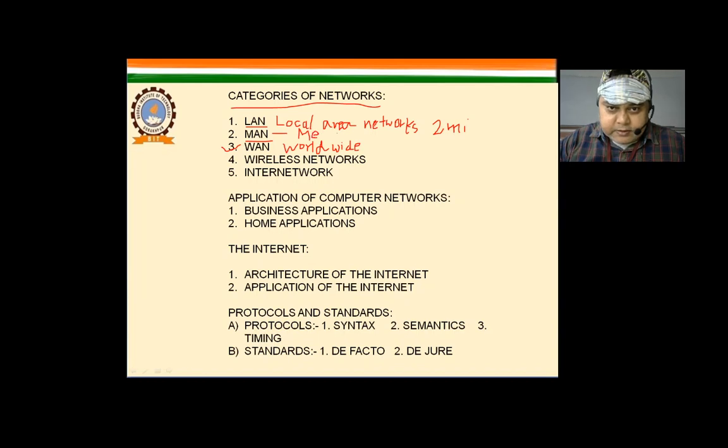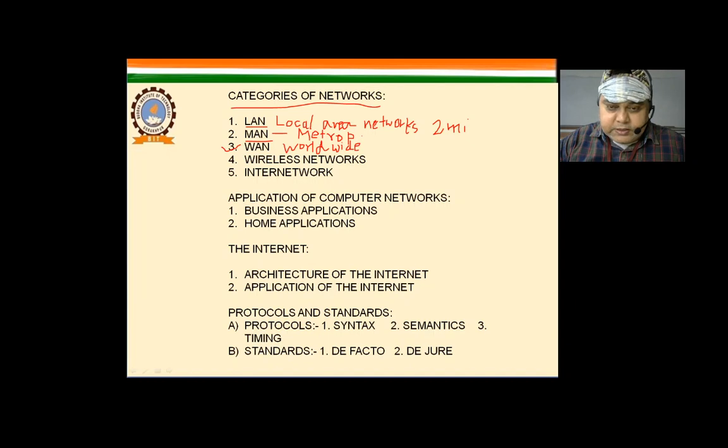This is a metro where the population density is above 1 crore people, and they require very huge network facilities.